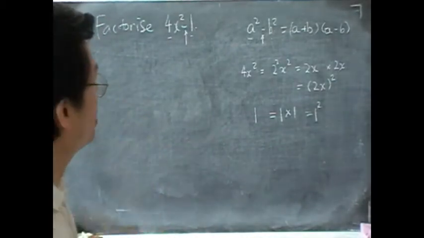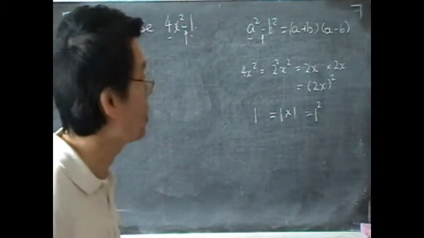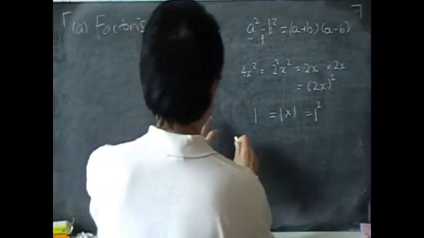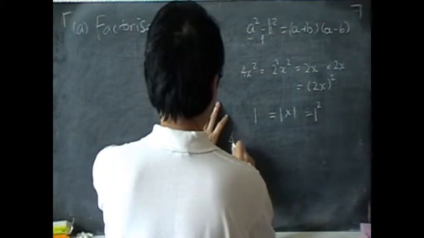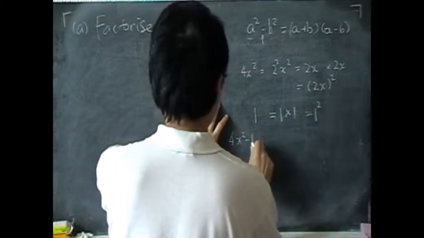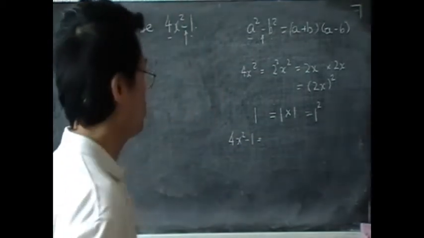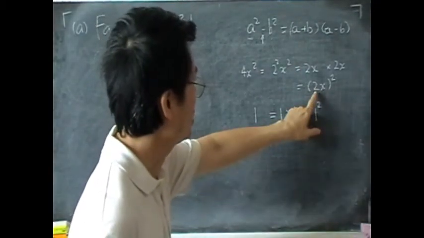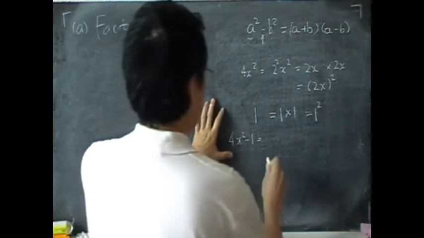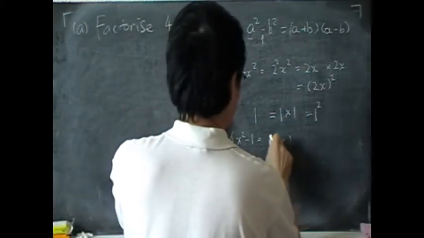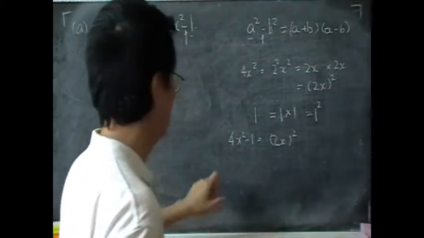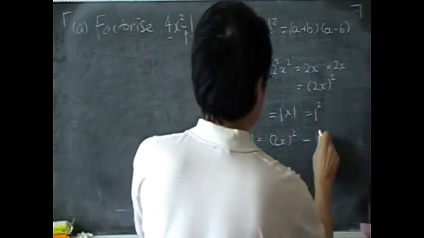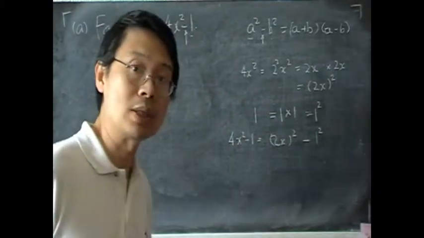So once we have this, we are now ready to make use of that formula. And let's do that. So 4x squared minus 1. Now we make use of what we have observed, that 2x whole squared is 4x squared, and 1 is the same as 1 squared.